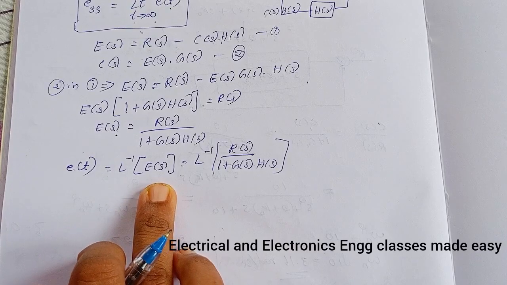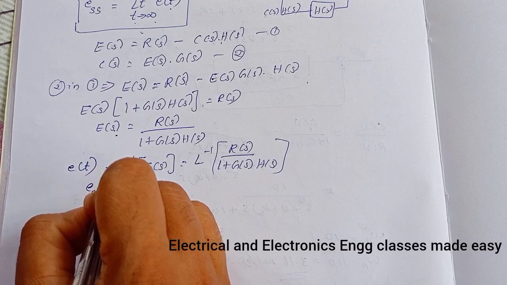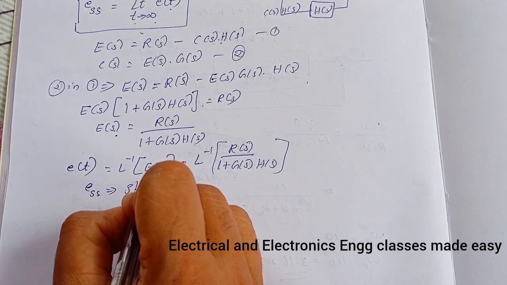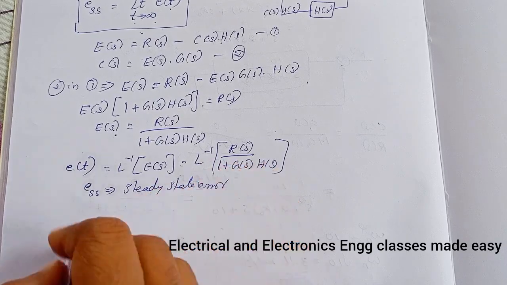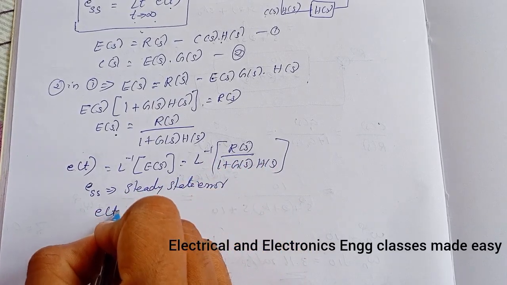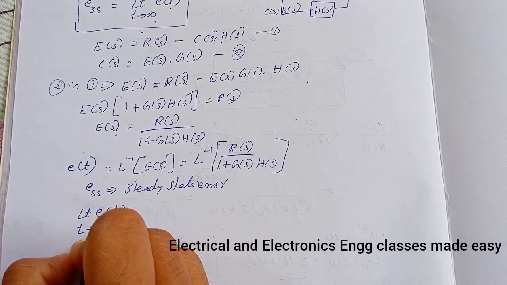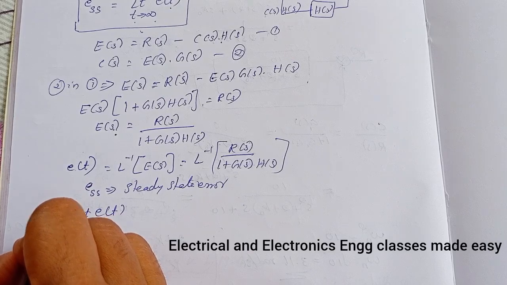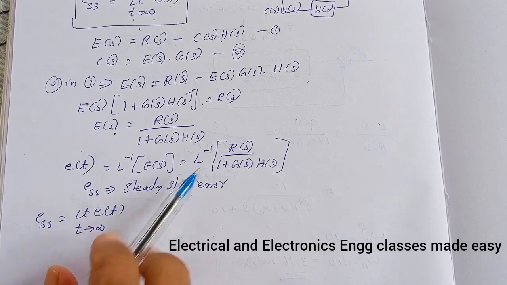To get the steady state error e_ss, the steady state error is defined as the value of e(t) when t tends to infinity. So e_ss is equal to the limit as t tends to infinity of e(t).